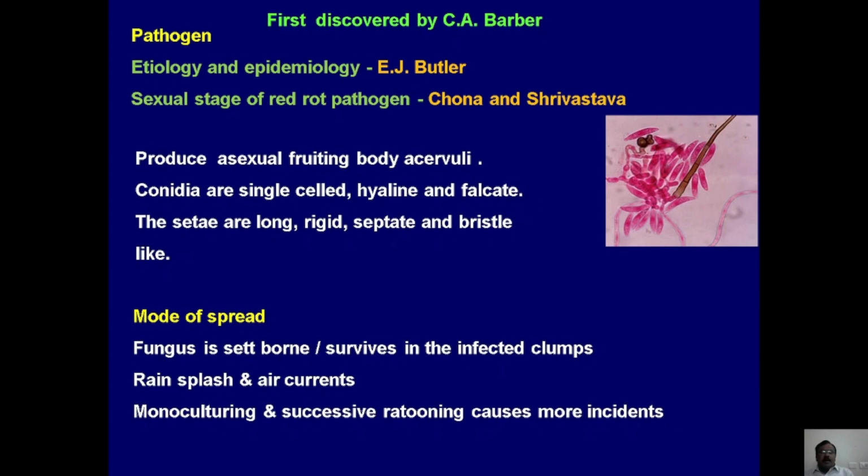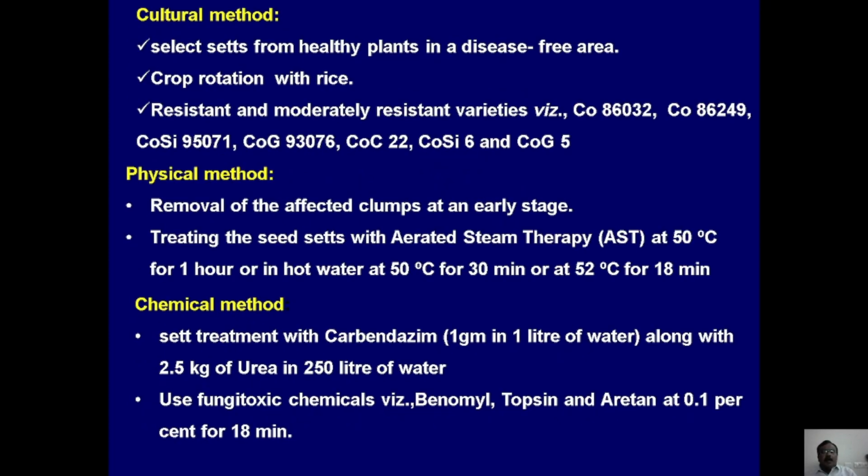Monoculturing of sugarcane and successive ratooning cause more incidence of red rot in the field, and there should be a comprehensive effort for the management of this disease, which includes cultural practices, physical as well as chemical methods of application.